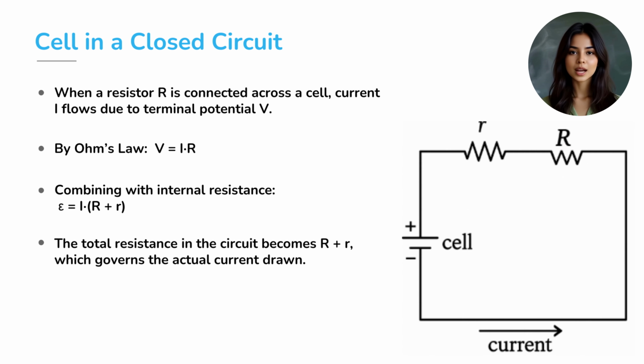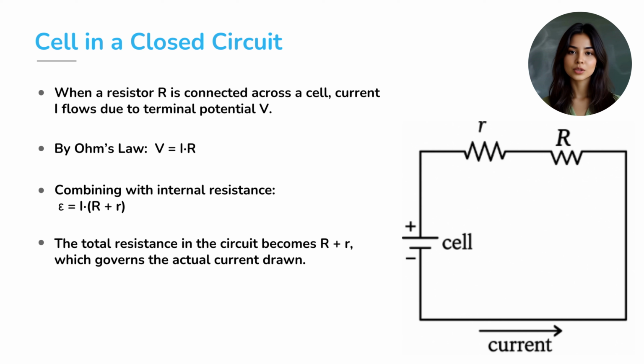Let's now see what happens when we connect a resistor across the cell, that is, when the circuit is closed. The current flowing through the resistor, denoted by capital I, creates a voltage across the resistor. According to Ohm's law, the formula is V equals I times R, or in words, terminal voltage equals current multiplied by external resistance.